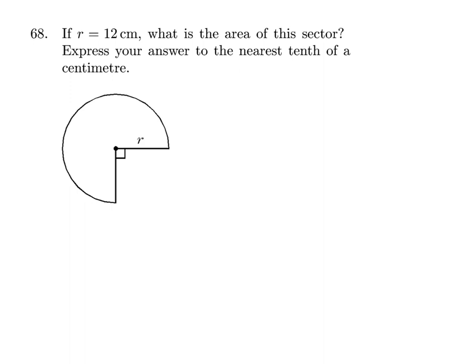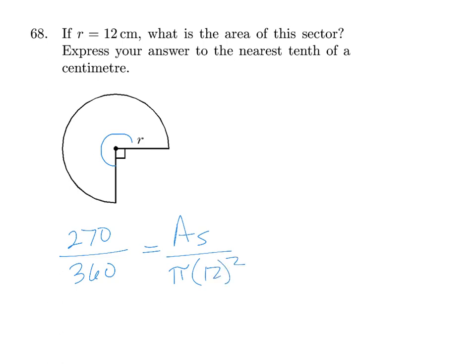All right, so here we have 270 degrees for this sector over the total measurement, which is 360, and then I have the area of the sector over the total area, which is pi r squared. All right, so this reduces to 3/4. I have 3/4 is equal to A sub s over 144 pi.